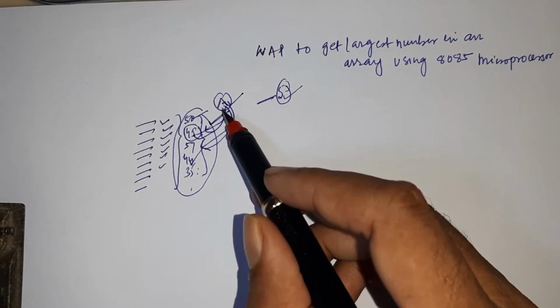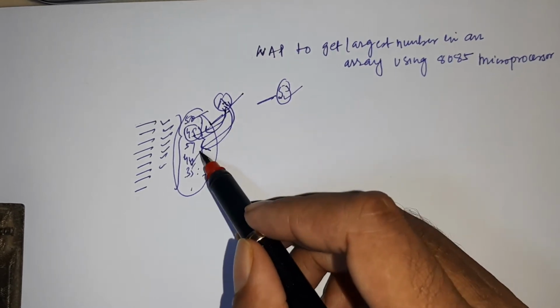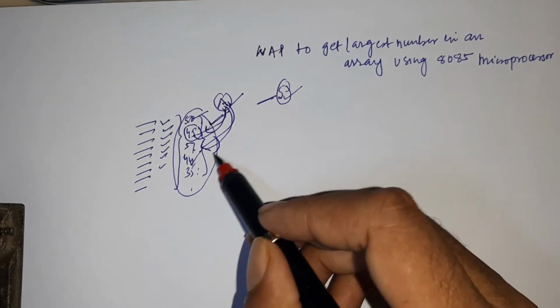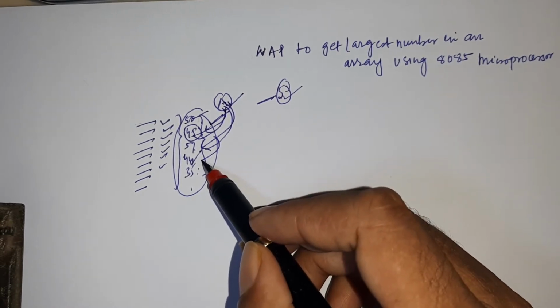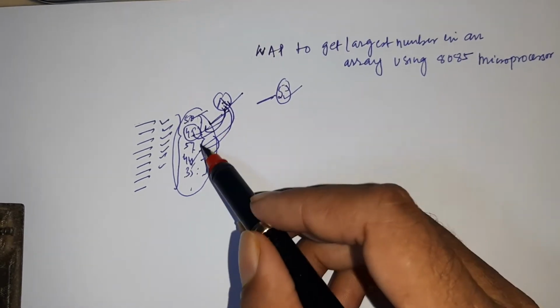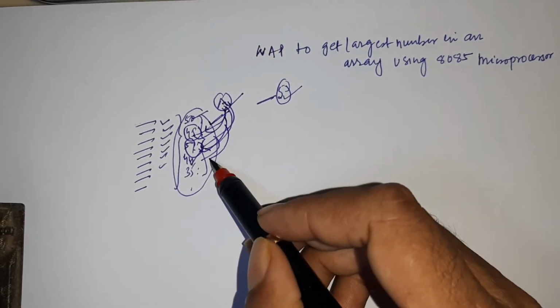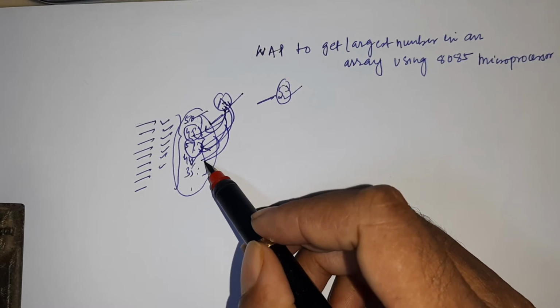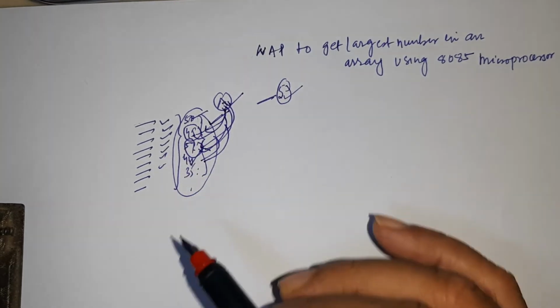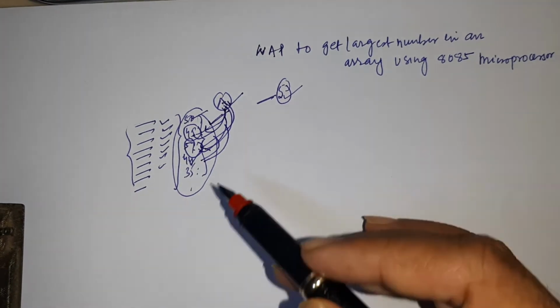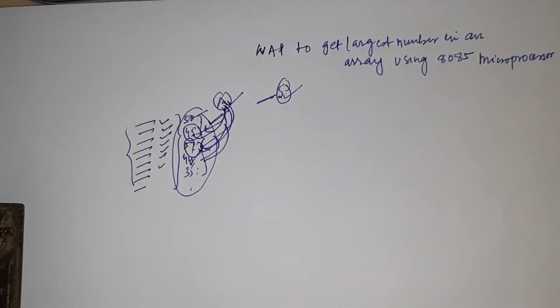Same, compare the accumulator with the third. If the data of the accumulator is larger, then compare with the fourth number. If the data in the accumulator is less, then move this data into the accumulator, then compare with the fourth number. So basically you have to repeat this process till all the data is compared with the accumulator, or to each other.